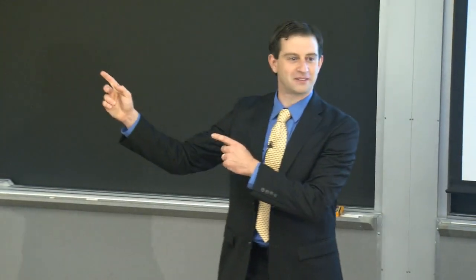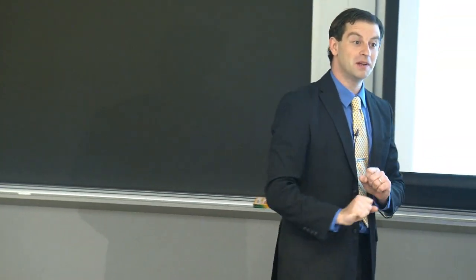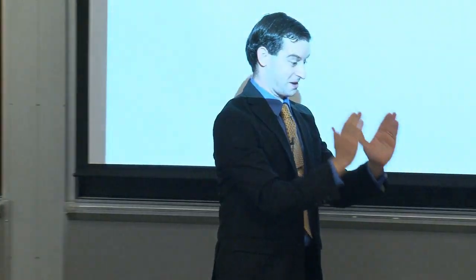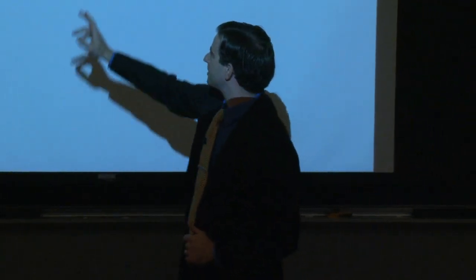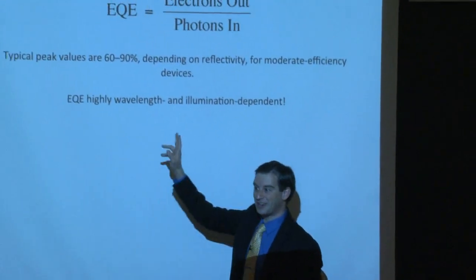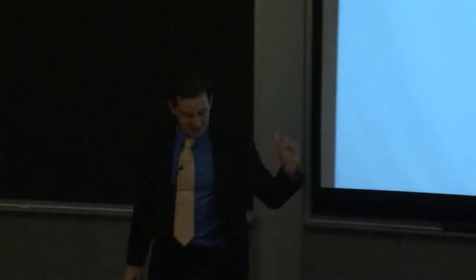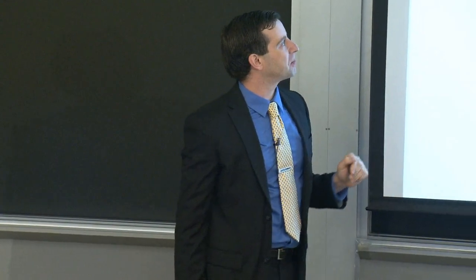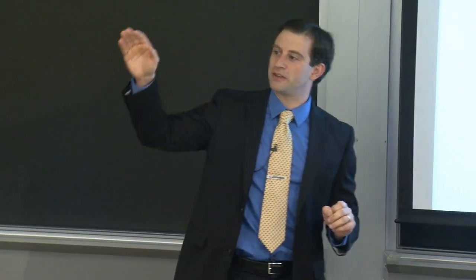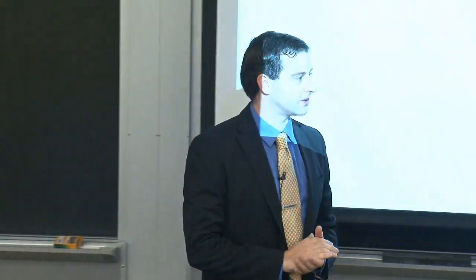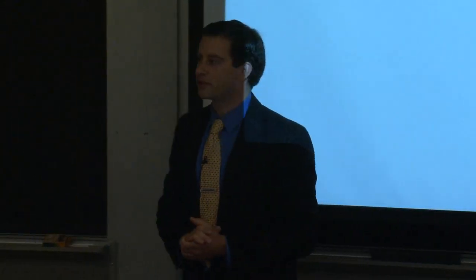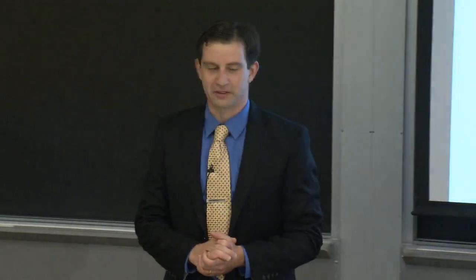And if the sun, instead of a beautiful polychromatic black body emission source, were a monochromatic light source tuned to that particular wavelength, the solar cell would be wicked efficient, but it's not. So this is why EQE is an interesting parameter, because it tells you the response of the solar cell to different spectral conditions. And that's why we sometimes call it spectral response of a solar cell device.